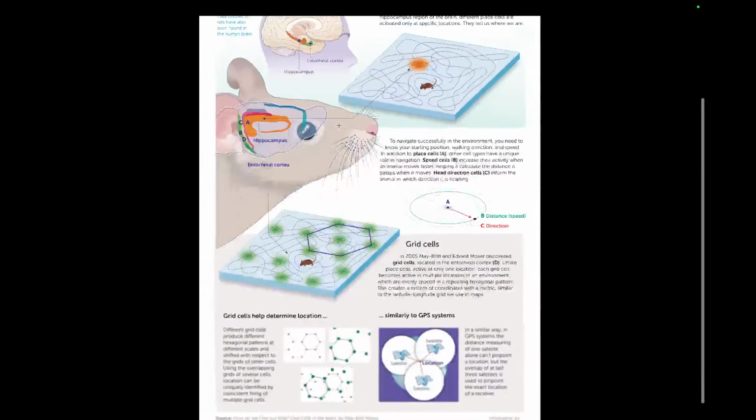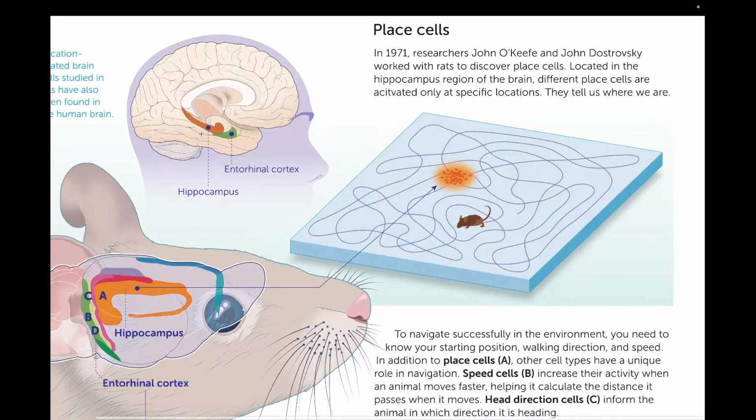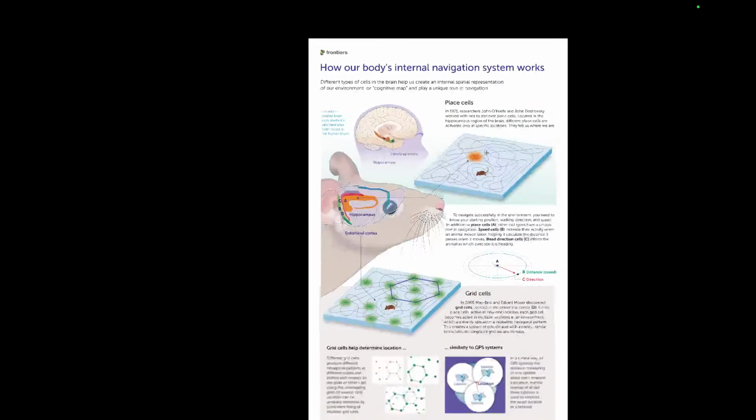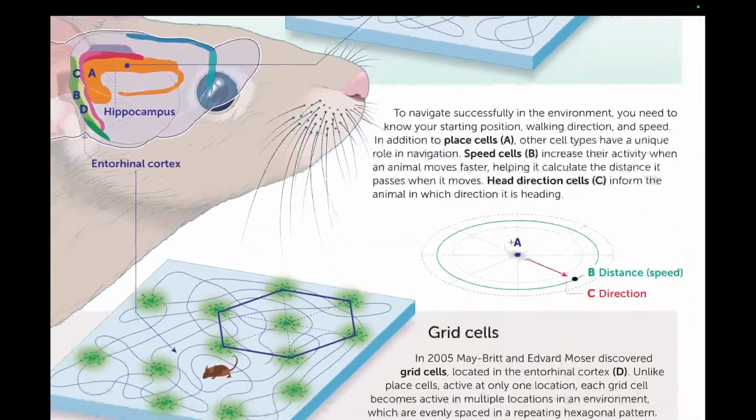This allows, in this case, a rat to navigate, right? And this in and of itself is not enough, because the rat must also identify shapes and identify distance and direction as shown here, right?